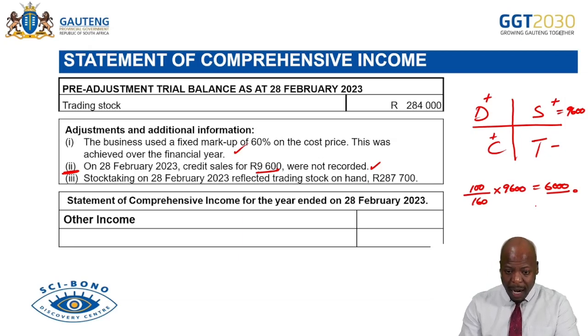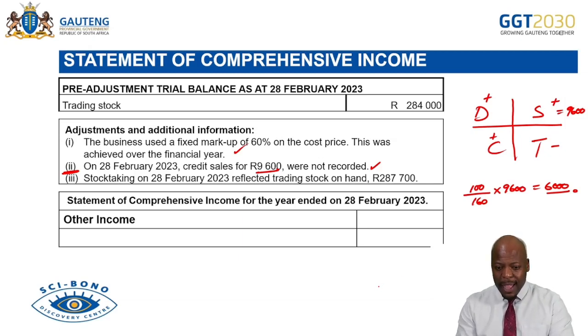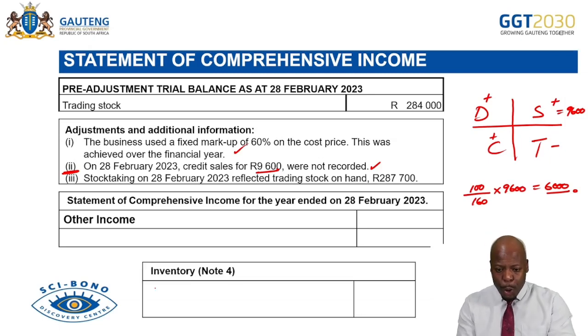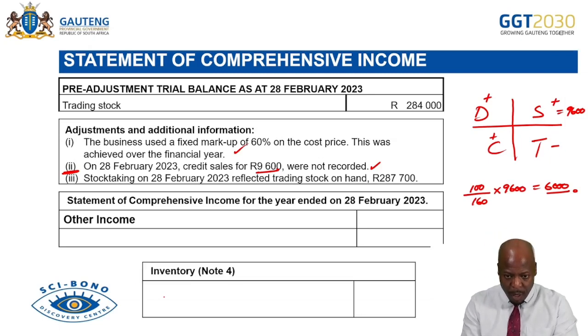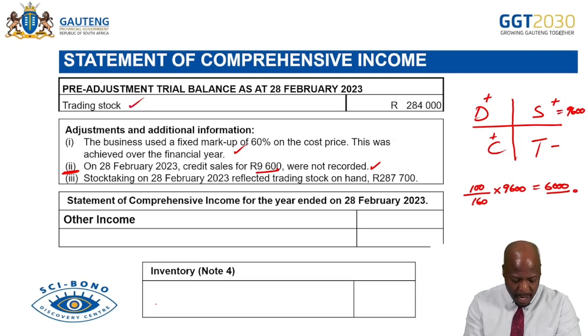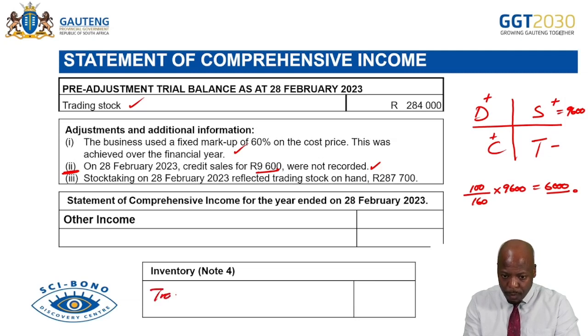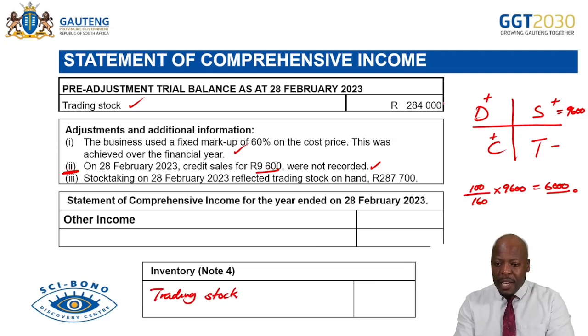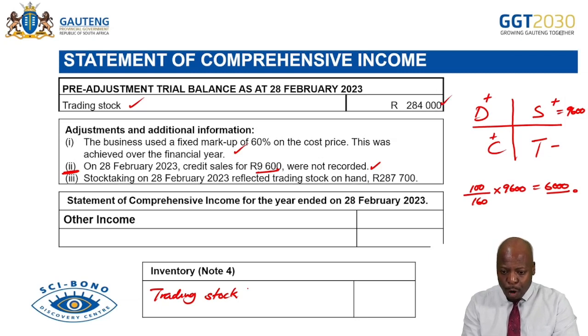So once we have sold goods, that must be adjusted on your inventory note, where you have your trading stock here. So I'll come here and I'll say my trading stock. According to the business records, we have stock of 284,000.